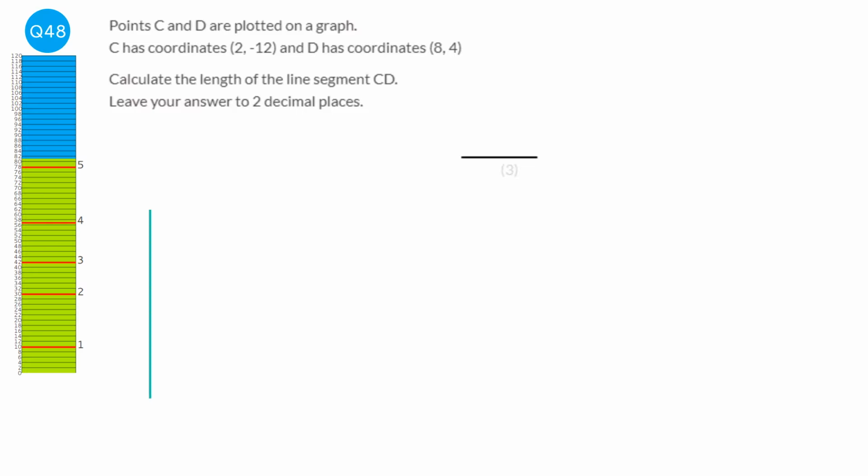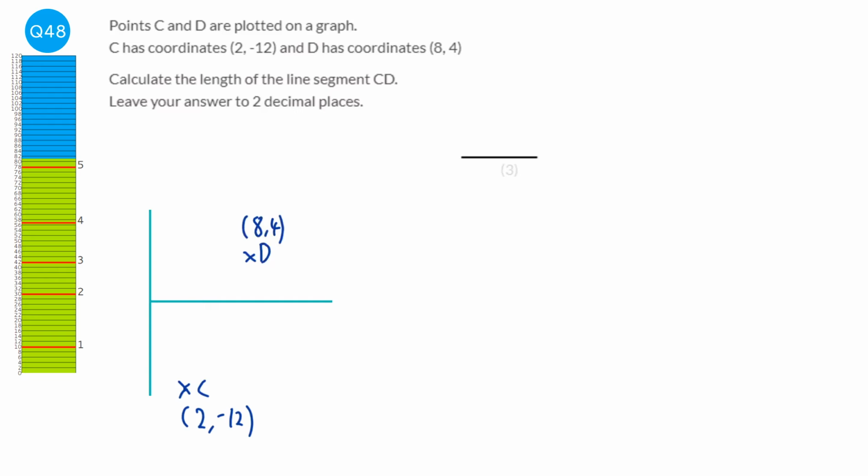If we try and visualize this question on a graph, then we've got C, which is somewhere here at coordinates 2, minus 12. And we've got D, which is somewhere here at coordinates 8, 4. And we're asked for the length of the line segment.